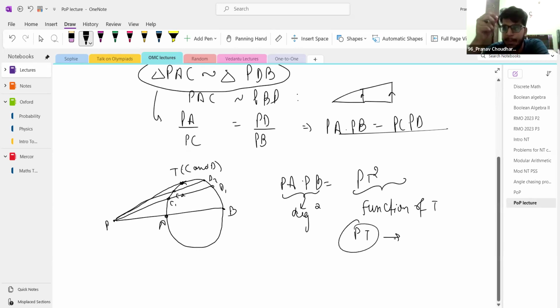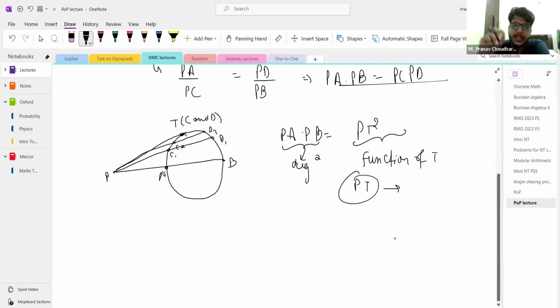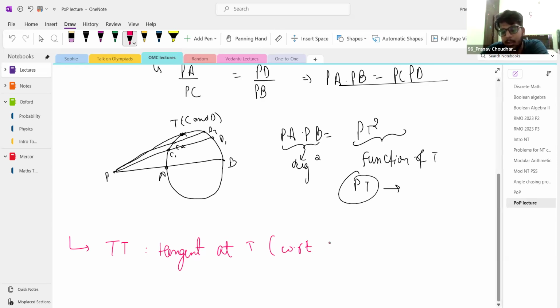And what Lavish said, PC times PD, right? C and D basically become equal to T. This is a side thing, not related to power of a point, but one thing that you should remember. If we write the line TT, it means the tangent at T, with respect to some circle that is in the conversation.